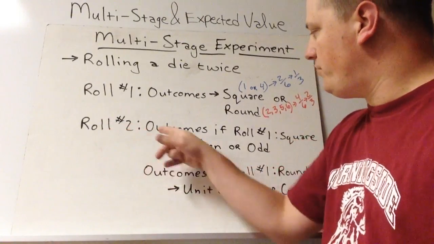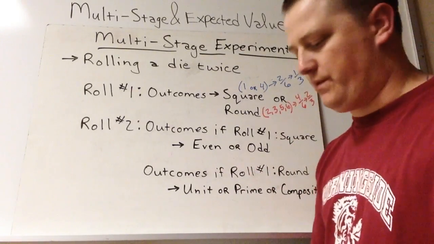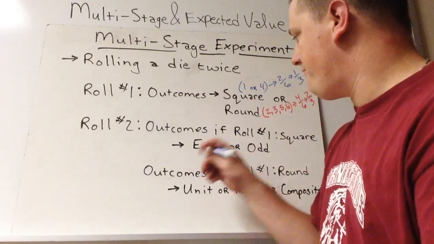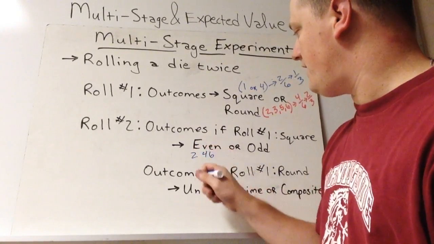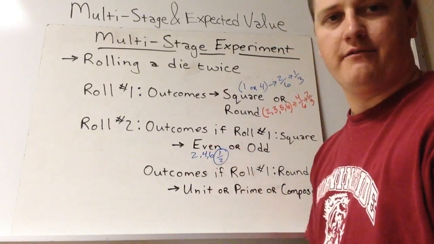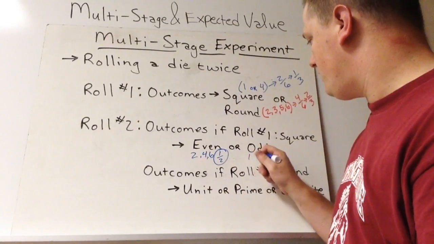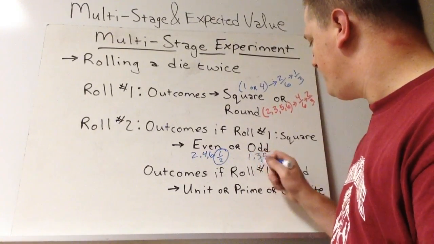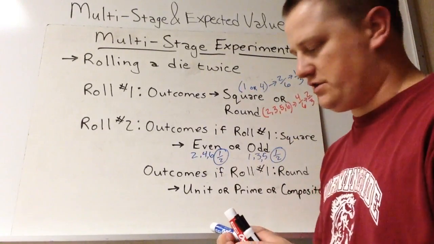For roll 2, if we got a perfect square, we're just going to look at even or odd. Even options are 2, 4, and 6, giving us 1/2 for a probability there. And odd, we have 1, 3, and 5, again giving us a probability of 1/2.